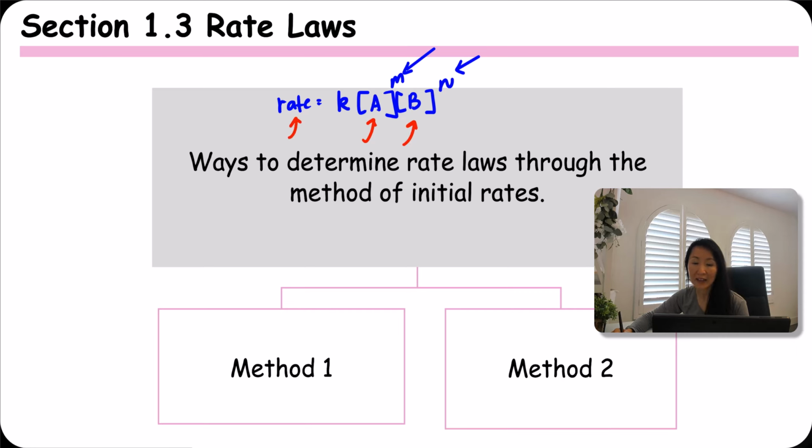Having these values, how do we find K? How do we find M? And how do we find N? This video will cover these mathematical equations in order to find the rate laws through the method of initial rates. There are two methods that I'm going to introduce to you.